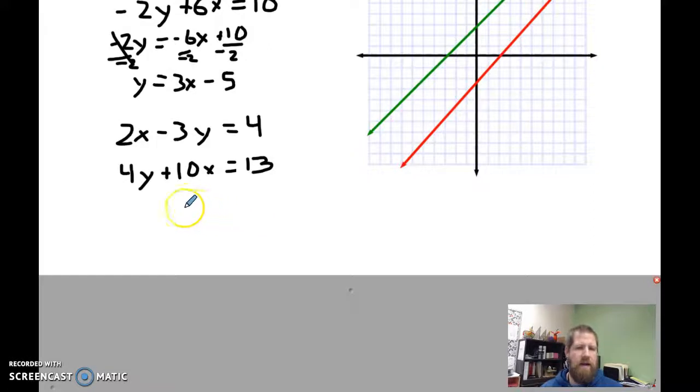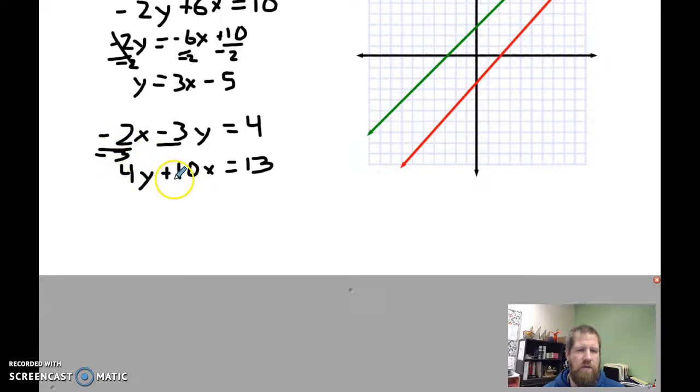So when I'm doing that, I'm going to basically take my coefficient of x and my coefficient of y, and I'm going to divide them, right? If I moved my x value over, so it was on the other side, it would be a -2, and then I would divide by -3, right? So I would have a -2 over -3, or a 2/3 slope.